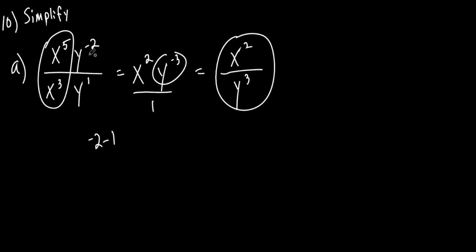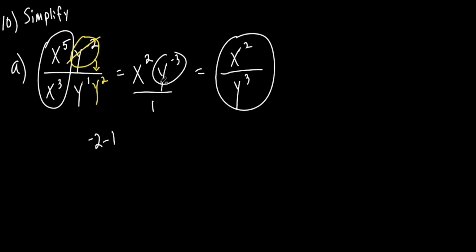Or you could do it another way. Here, I'll do this in another color. You could have taken this and chucked that to the bottom right away. Did anybody try it that way? If it was me, that's what I would do. Doesn't mean it's the right way.